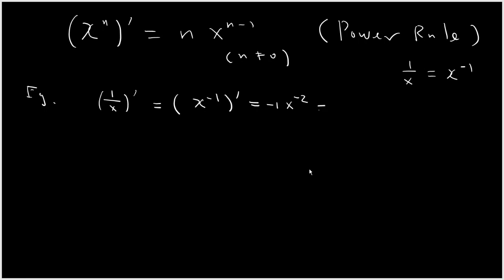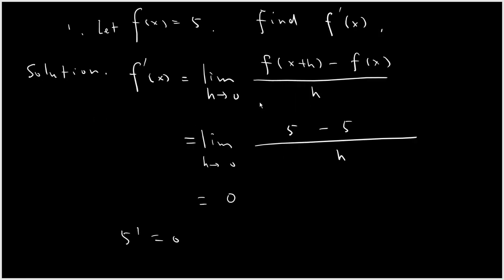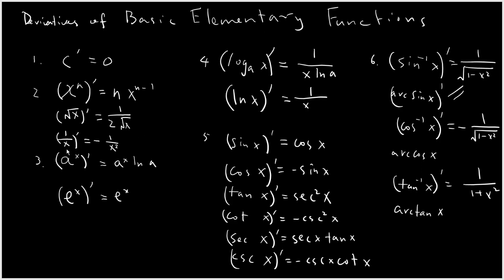So this one is the same thing as -1 over x squared, right? I told you this one is a particular case of the power rule. We have seen why this formula is true using the definition of the derivative, and I just showed you why it is true using the power rule.